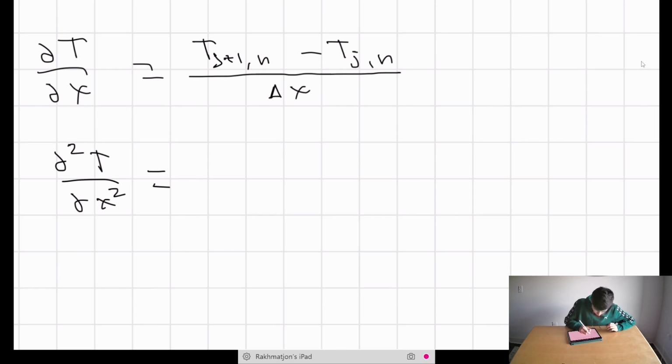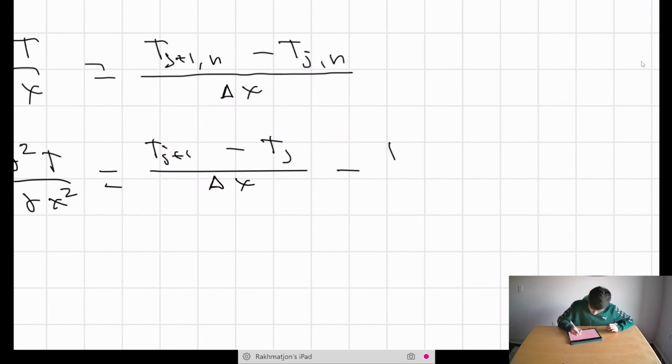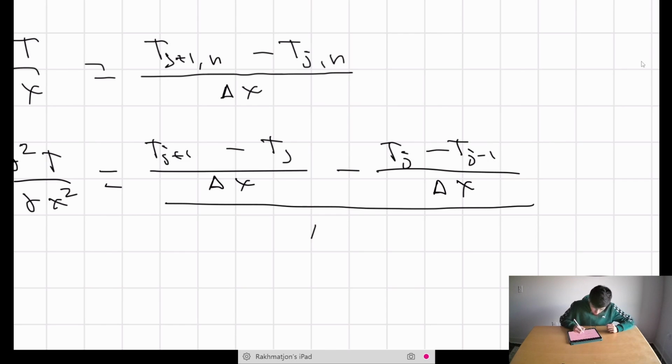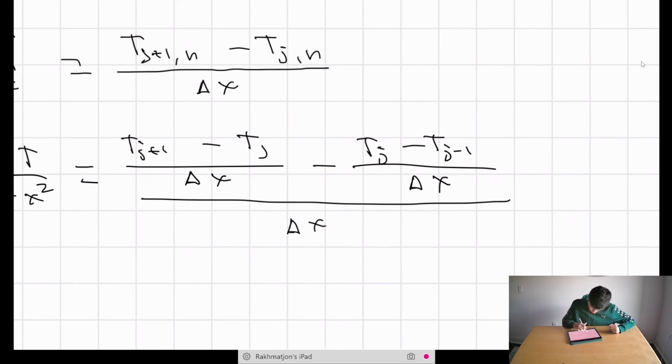So that's going to be Tj plus 1 minus Tj over delta x, minus Tj minus Tj minus 1, which is the part before, over delta x, all over delta x.